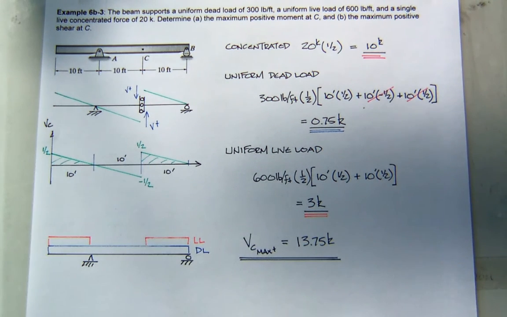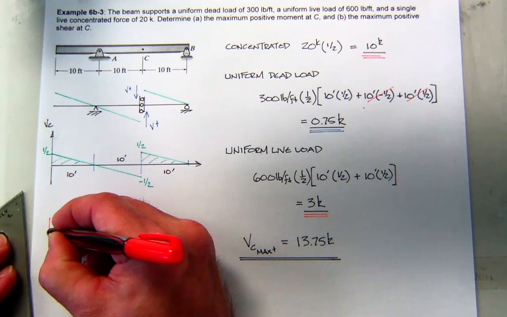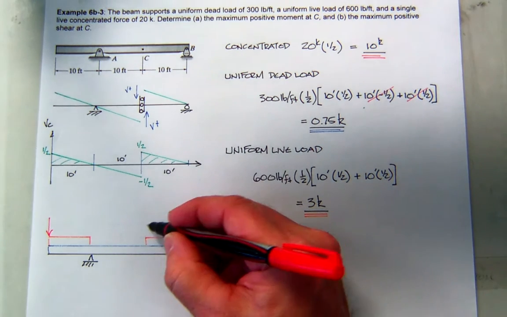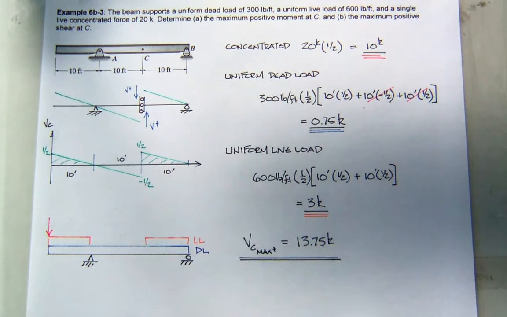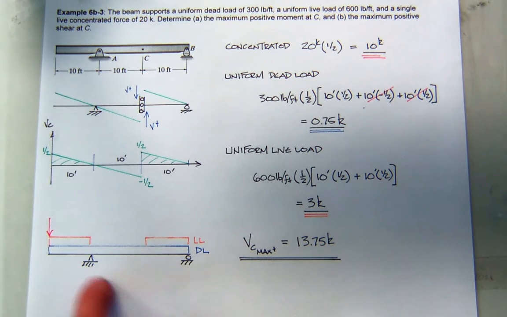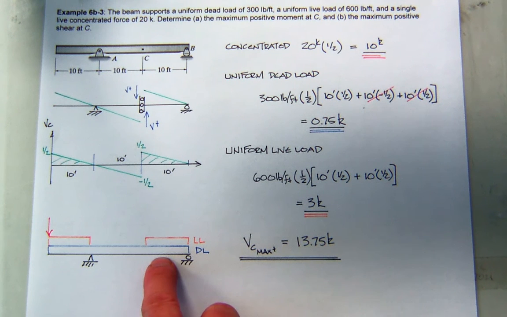There are 2 conditions. Maybe I'll just draw it in one position. That's correct. So I just wanted to show you what the combined loading looks like that produces that shear at C.